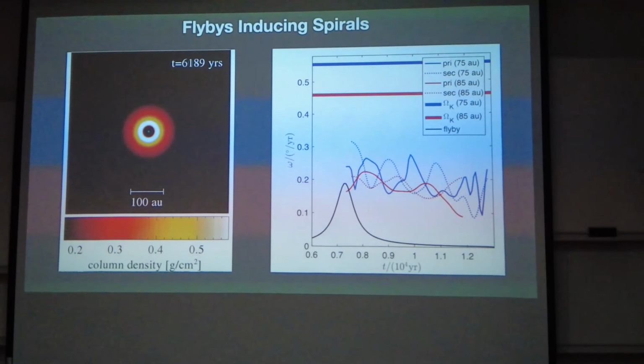We can model the pattern speed, and they start a little higher, a little faster than the angular velocity of the flyby. That's just because the disk is already Keplerian. The two horizontal lines at the top are the Keplerian velocities at 75 and 85 AU respectively. So the spirals tend to start close in speed to the perturber, which makes sense. Let's go to the next slide.